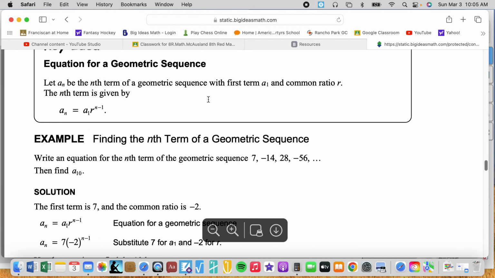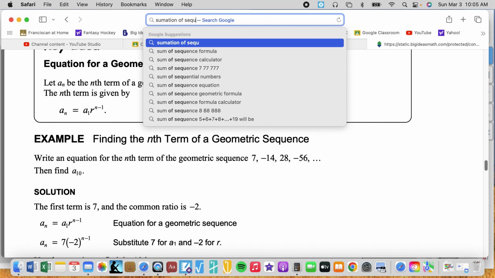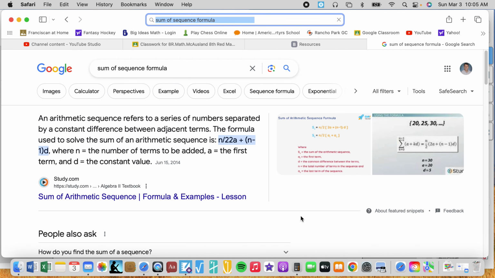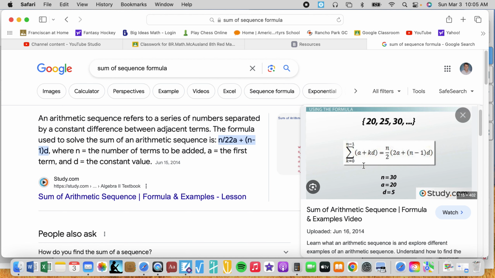So let's look at summation of sequences. What's that formula? Okay, let's look at that. I like that it gave us a formula. What is D? Oh, the difference is 5. That's a summation, no, that's arithmetic.